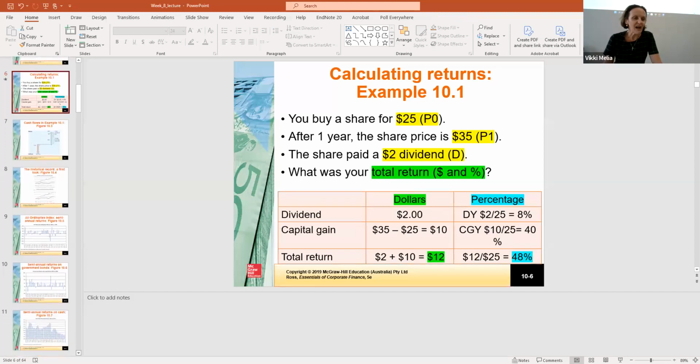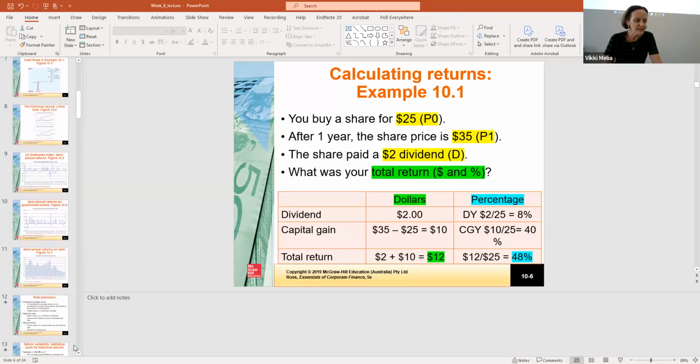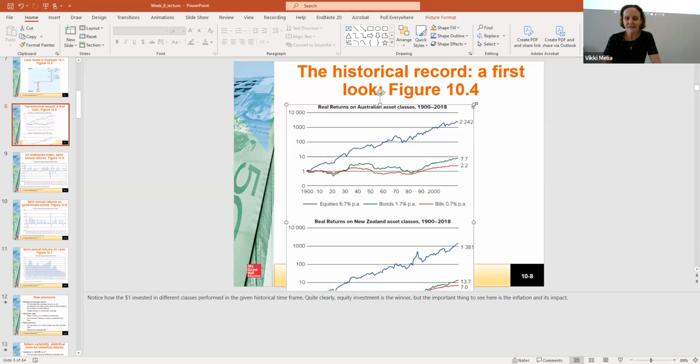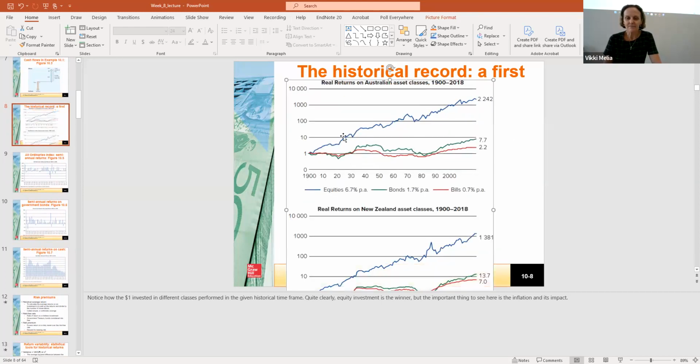So we're just going to have a really quick look at some of these next slides. And we're going to have a look at slide 8. Slide 8 has some graphs. And the graph at the top shows us the returns on different asset classes.